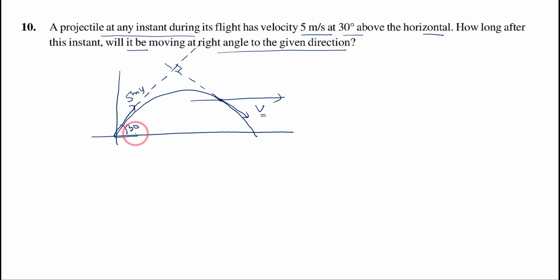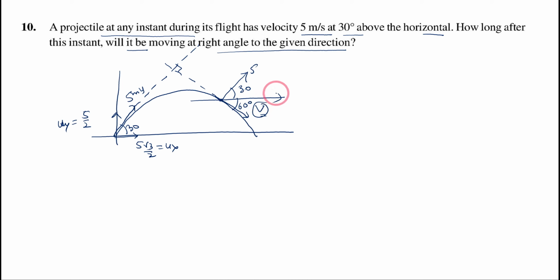Okay. So the x-axis component is 5 cos 30, so 5 root 3 by 2. The y-axis component will be 5 sin 30, so 5 by 2 is the y-axis component of velocity. Now here if we take the initial velocity vector 5, this angle is 30, it means this angle will be 60. 90 minus 30 is 60.